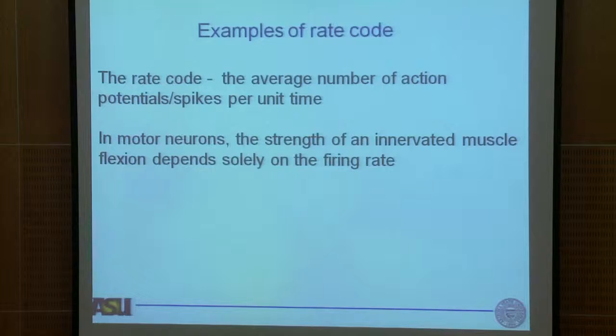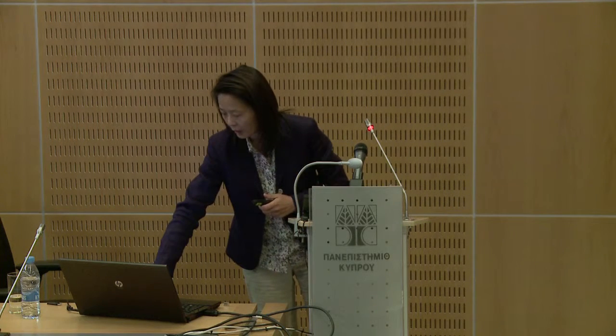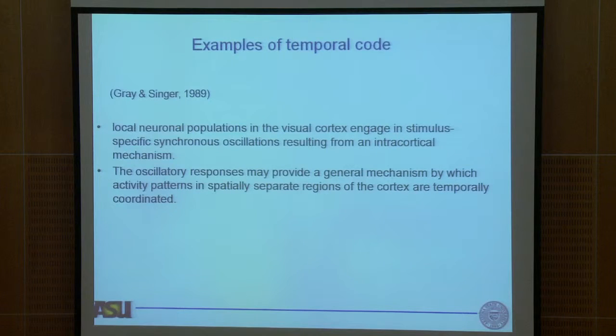The rate code, however, works in motor neurons, not motor cortical neurons, these are motor neurons activating muscles and so on. For motor neurons, the strength of innervated muscle flexion, muscle activation, actually depends solely on the firing rate. So this is something clean and nice, and the firing rate alone can explain pretty well. But it's not the cortical neurons. Things are much more complex in the cortical neurons.